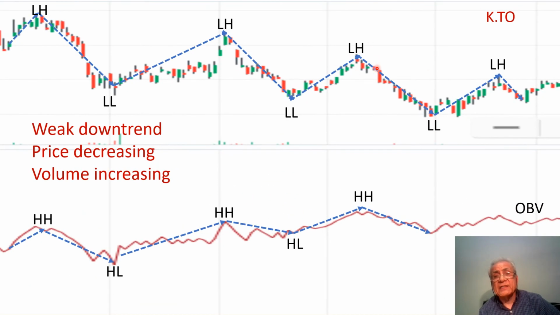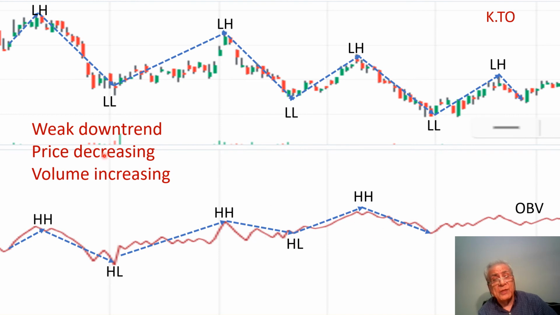This is Yahoo Finance, NOK stock. Now in this graph, we see the price is making lower high, lower low, lower high, lower low, lower high, lower low. So that is a good indication of a downtrend, but it's going at a very slow rate. And here on the OBV curve, we see that the volume makes higher high, higher low, higher high, higher low, and higher high. So that is the indication of an uptrend.